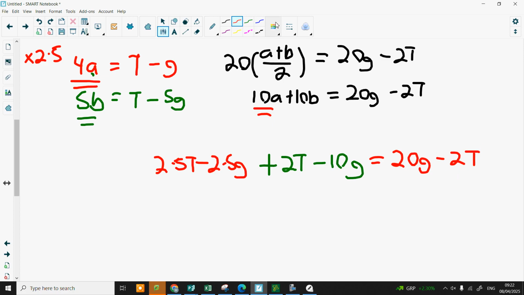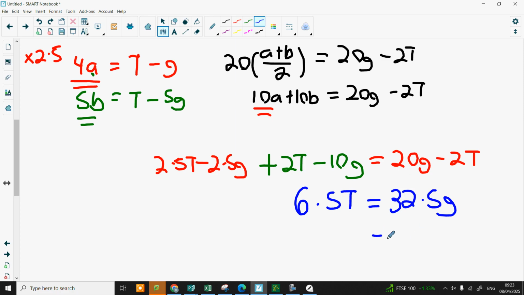Now what? Move it all over one side and we get 32.5g, yeah. Sorry, 6.5T, is it?